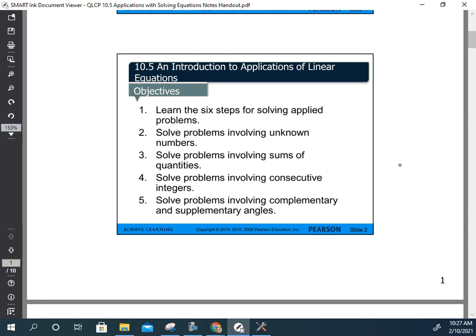All the problems that you solve over the course of your life have some kind of mathematical manipulation that you're going to have to do. That doesn't necessarily mean you're going to be setting up and solving an equation, but it does mean that you're going to have to think out how you are going to solve a problem.